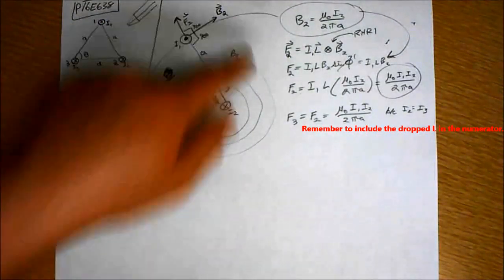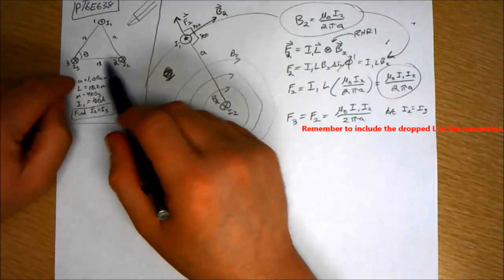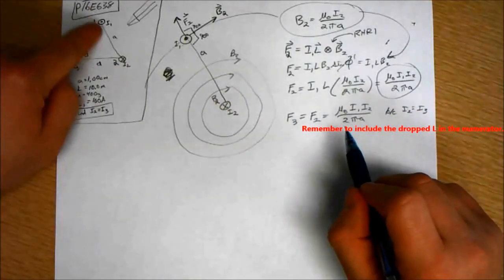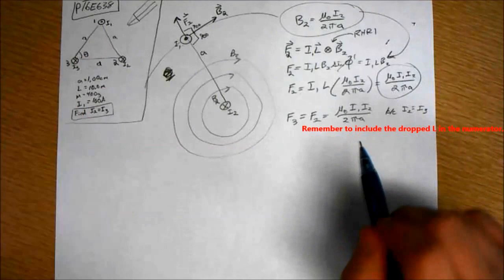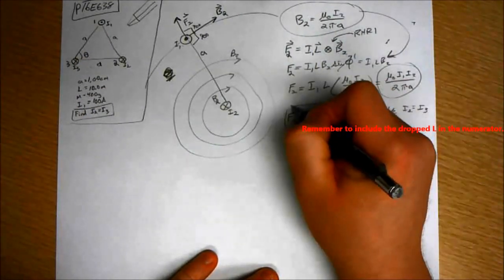You would do the same thing over again, but you deal with the wire over here. The currents in I2 and I3 are the same, so that means the force on wire 1 is equal. Just put a little box around there.